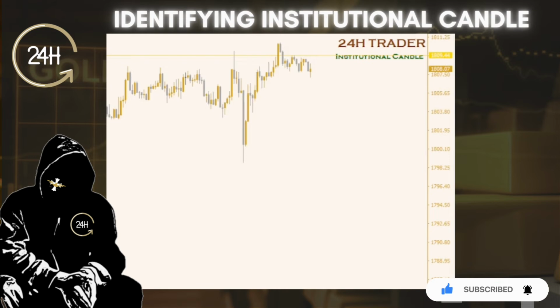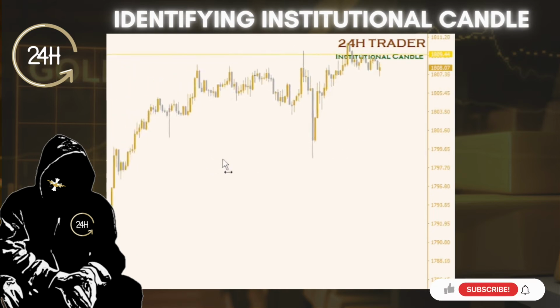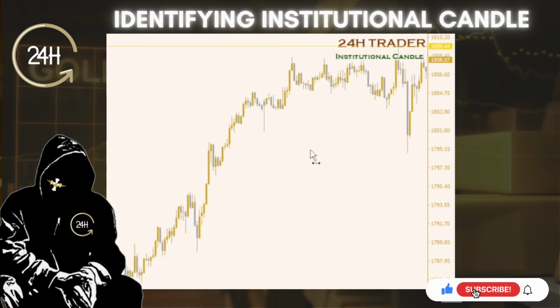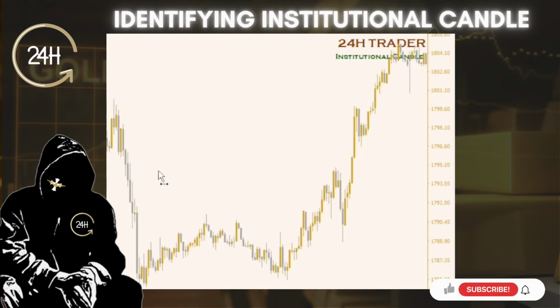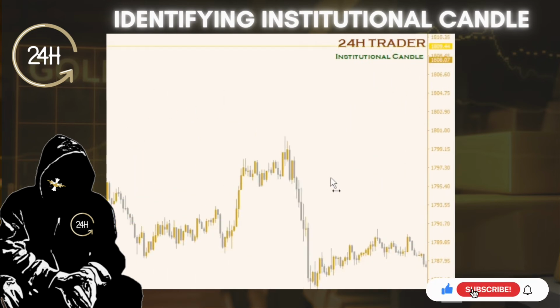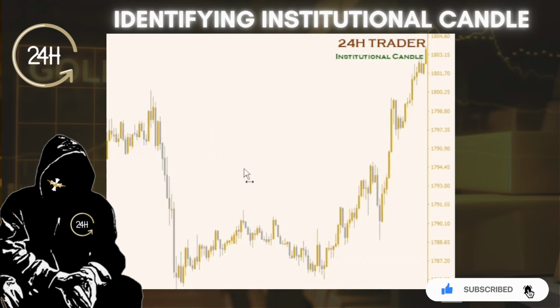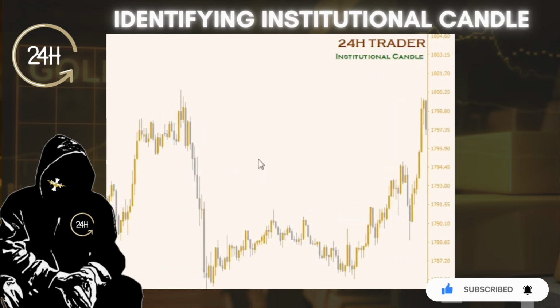One more thing that I need to tell you is that institutional candle can be found on any time frame which you prefer to trade on. For me personally, I like to trade on the 1-hour time frame, so I can always find a lot of possibilities of institutional candle like this one. I break this structure. This one is an institutional candle also. So one day it will be picked.